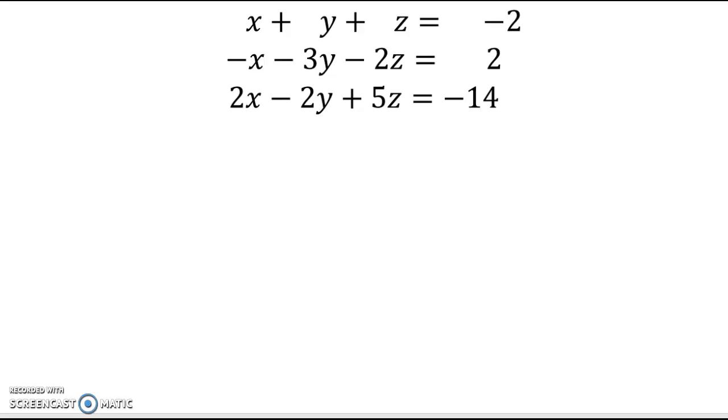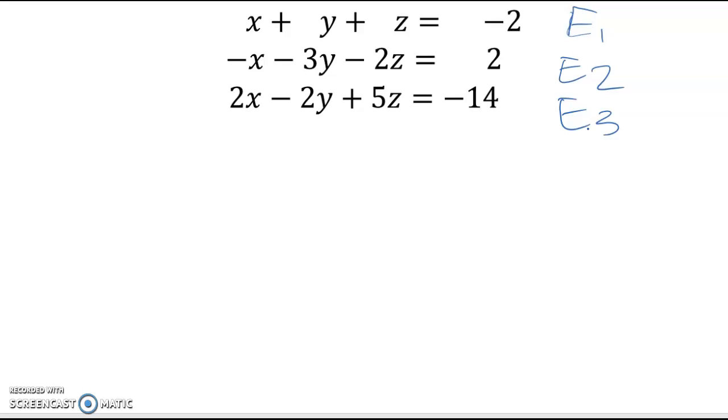I'm going to do this without matrices this time, and just use equations. I'm going to name each equation: equation 1, equation 2, and equation 3. Our first goal is to eliminate the x's.